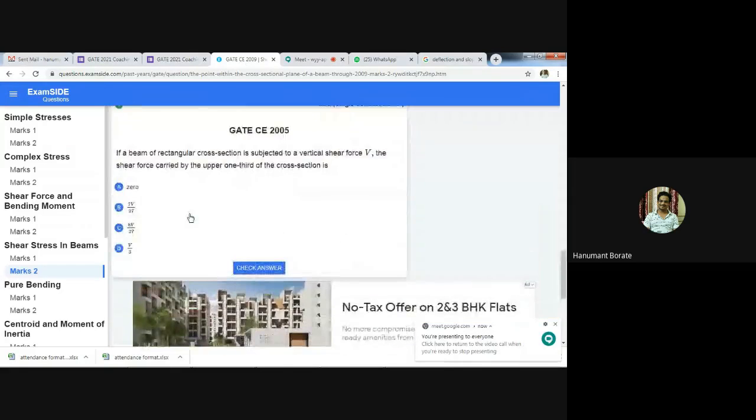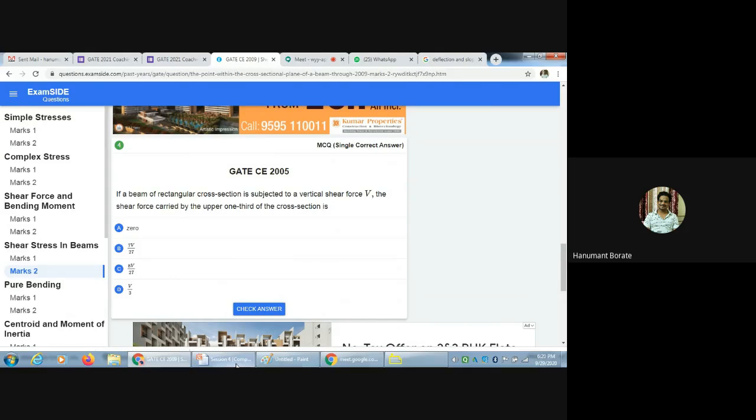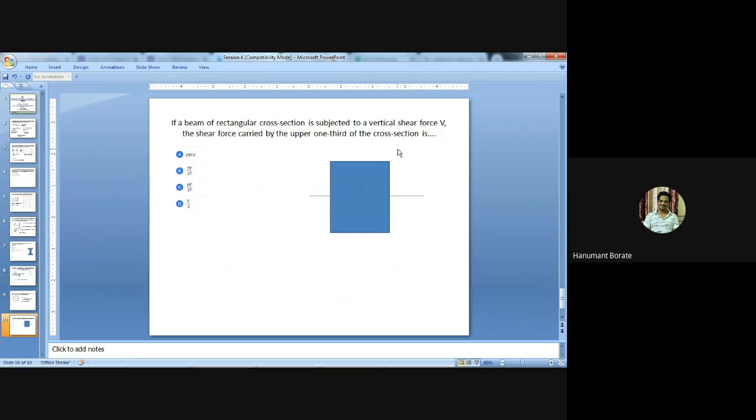Yes, here if a beam of the rectangle cross section is subject to vertical shear force V, the shear force carried by the upper one-third of the cross section. So upper one-third means we need to divide this total length into 3.